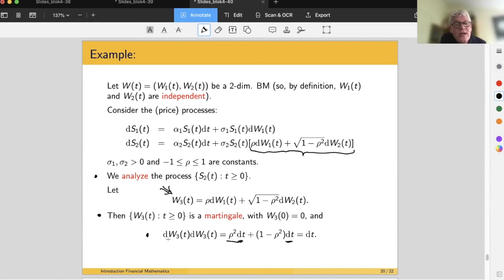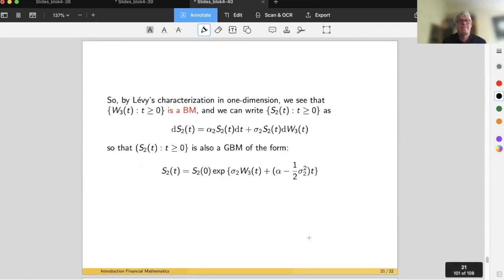So in total, dW3_t times dW3_t gives us dt. Now, by Levy's characterization in one dimension, we see that W3_t, t greater or equal to 0, is a Brownian motion.